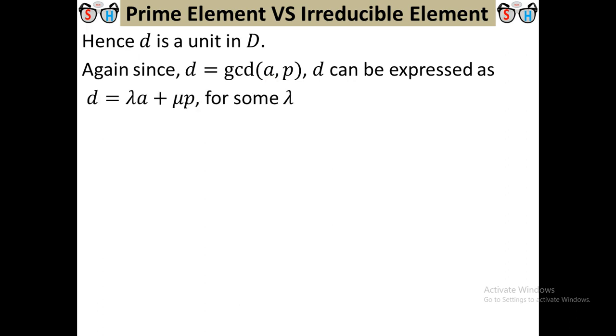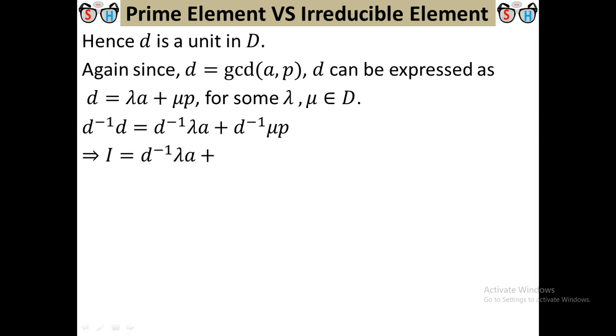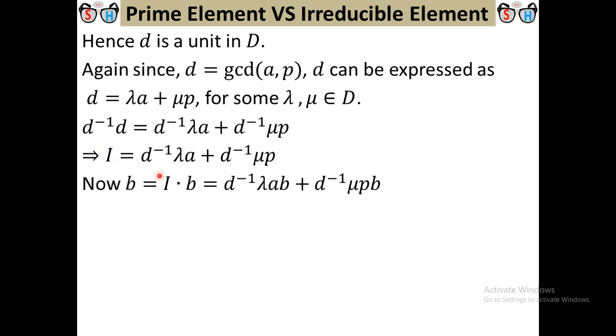Suppose D equals lambda A plus mu P for some lambda, mu in D. If we multiply by D inverse on both sides, then D inverse D equals D inverse lambda A plus D inverse mu P. Call this I. Now, B equals I times B, so if you put that in the place of I, this will be D inverse lambda A B and D inverse mu P B.